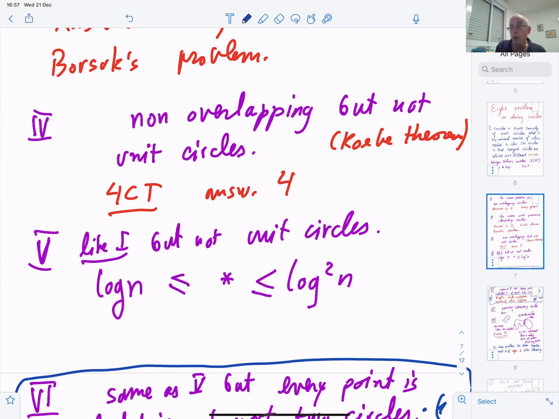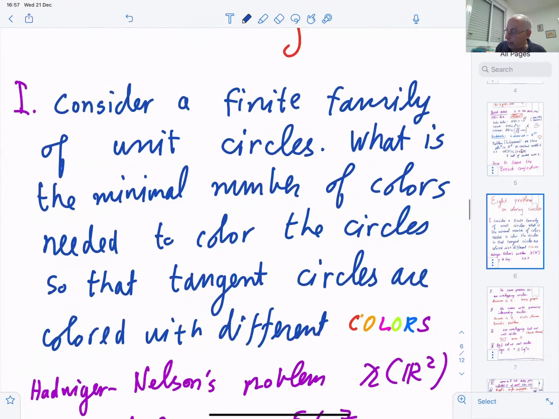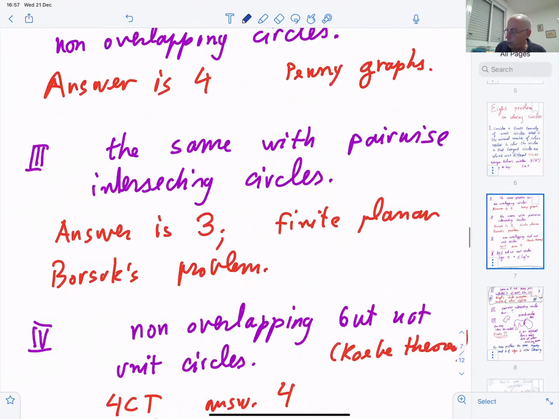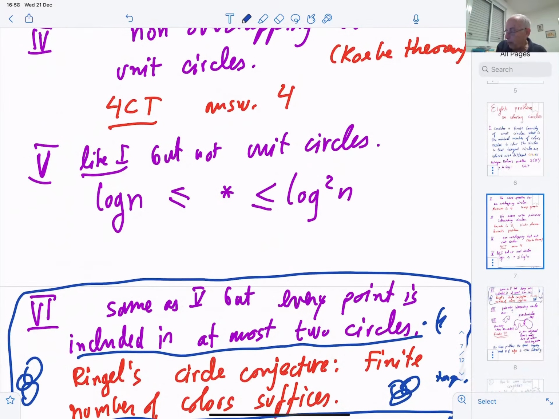Now, if you consider the case that they are not unit and you don't pose any condition, then as far as I know there are examples where it's bigger than log n and smaller than log squared n, so it's no longer finite.